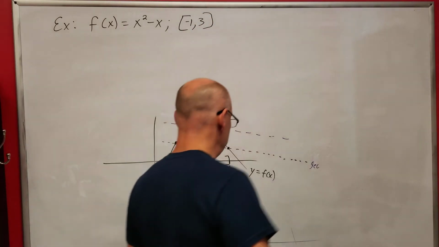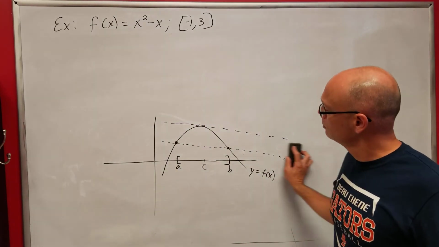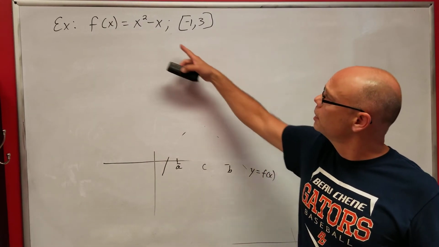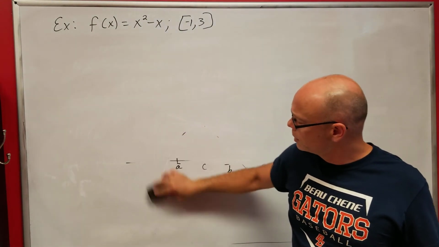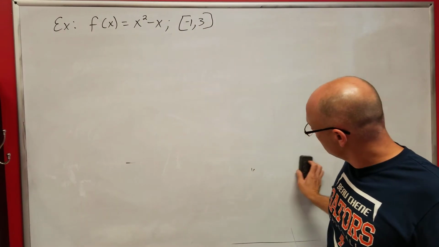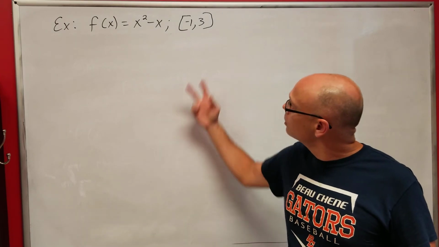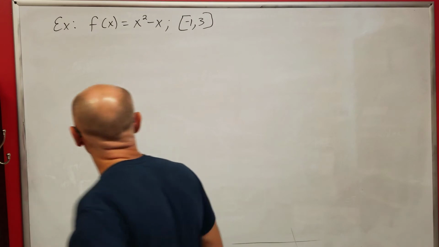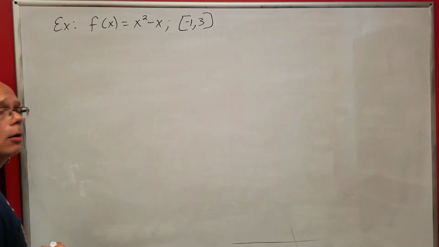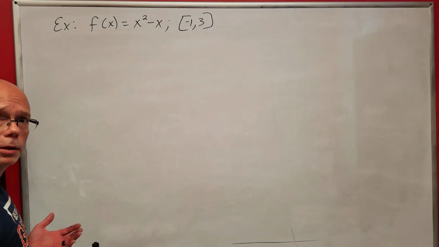Now, first of all, is this function continuous on this interval? Yeah, in fact, that's a polynomial. It's continuous at all real numbers, right? Is it differentiable on this interval? Yeah, again, it's a polynomial. It's differentiable on all real numbers. All right, so then it meets that criteria.